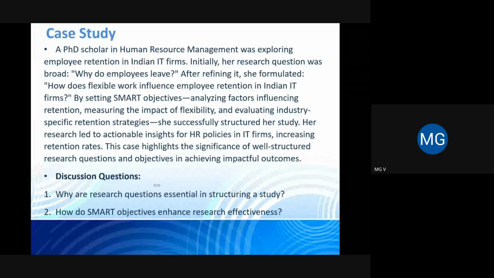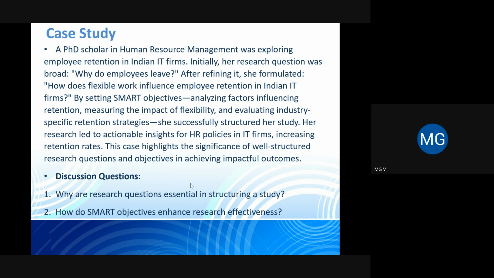Okay. So, why are research questions essential in structuring a study?